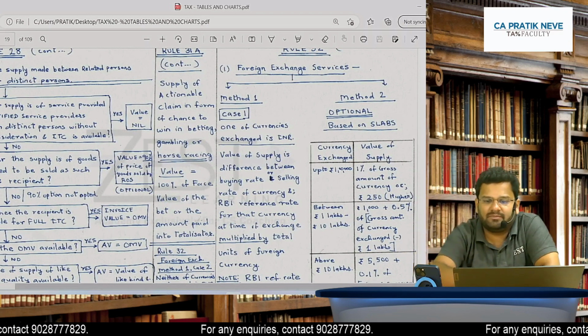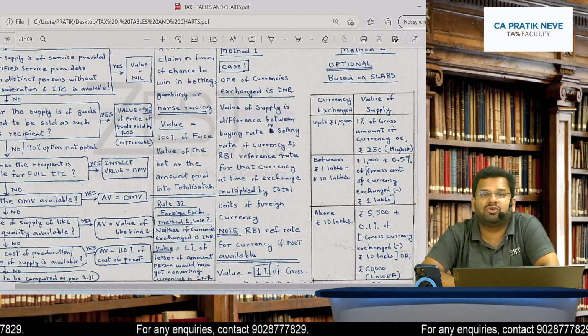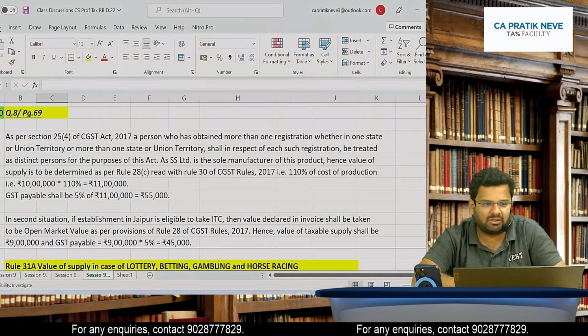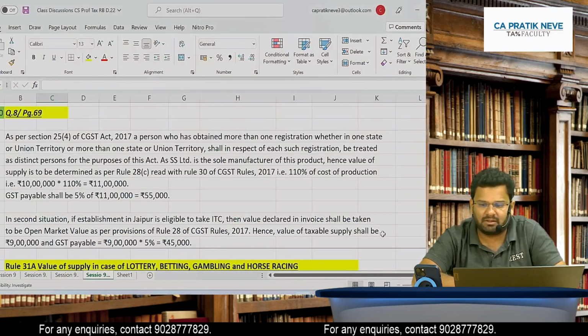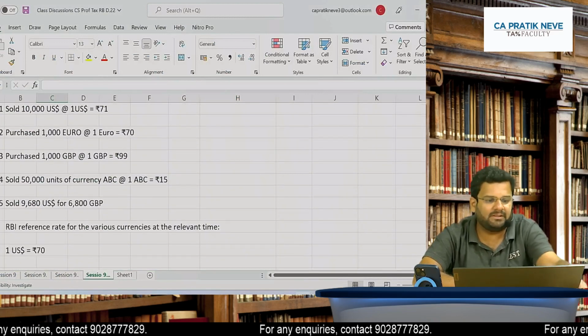Method 2 is, but before going to method 2, I think we should do a question on method 1. Okay, see the question on method 1.